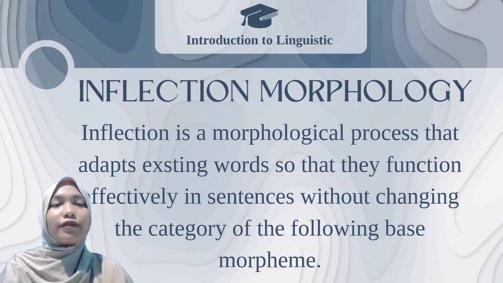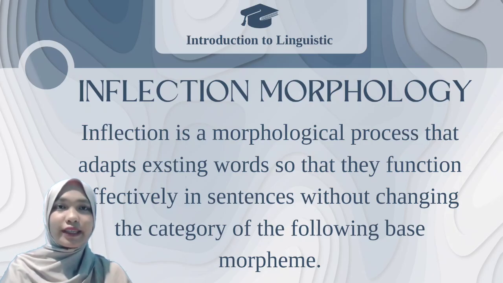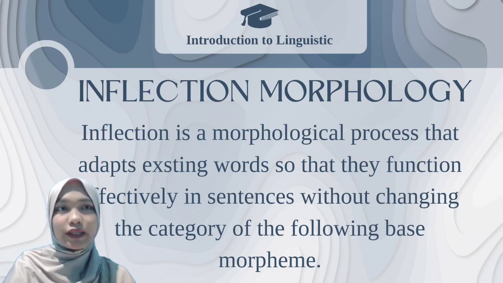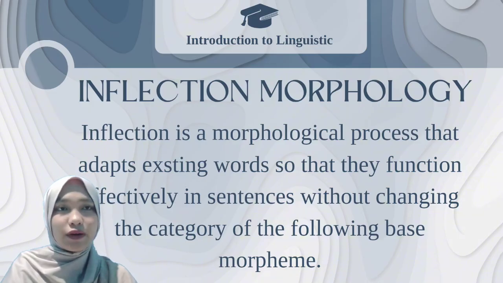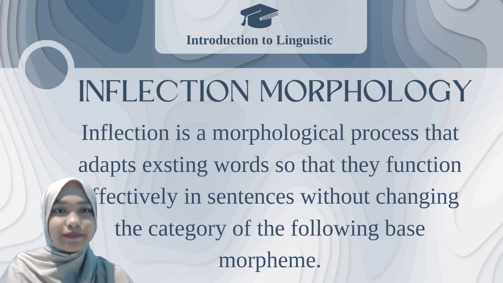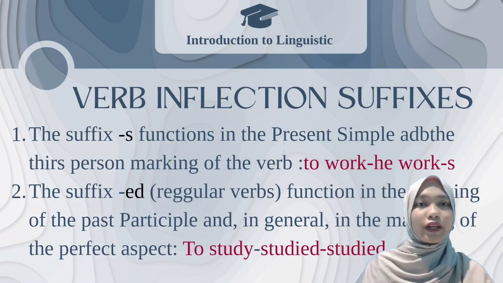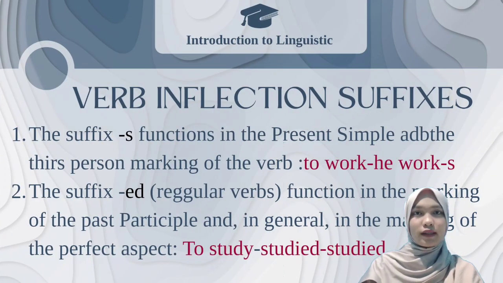And next is inflectional morphology. Inflection is a morphological process that adapts existing words so that they function effectively in sentences without changing the category of the base morpheme. The first is verb inflection suffixes.